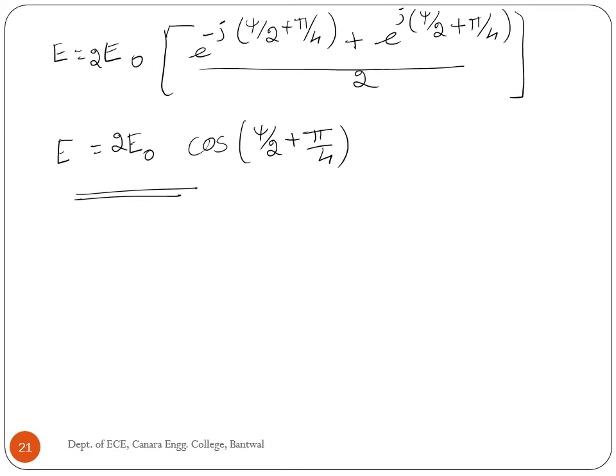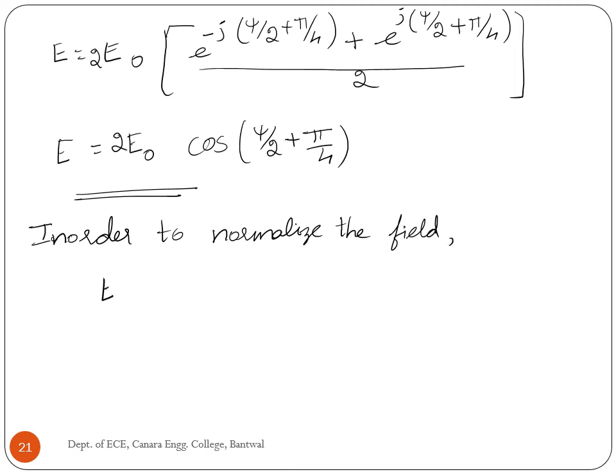In order to normalize the field, we have to equate the maximum value E naught equal to 1.